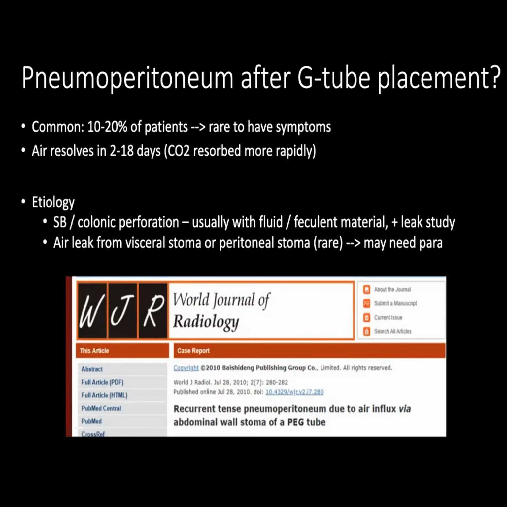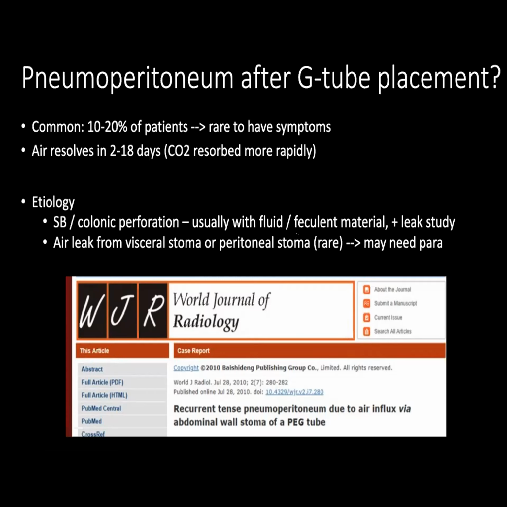The etiologies can be bowel perforation. This is more common if you actually see fluid or other kinds of material in the abdomen. And you can test this with a leak study by injecting the G-tube. But also commonly you can get an air leak either from where the G-tube is going into the stomach or from the peritoneal stoma, which is rare.